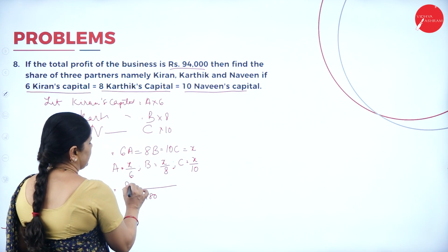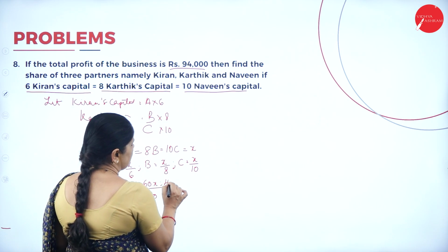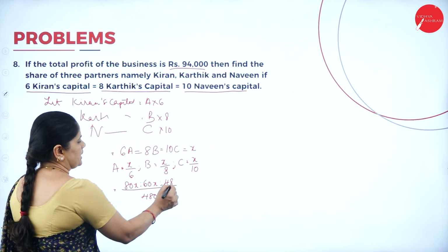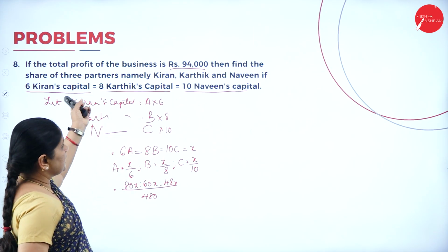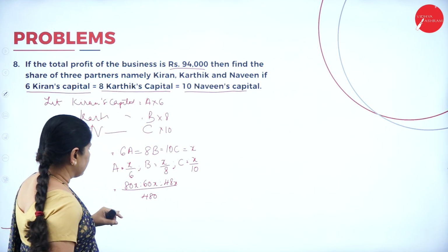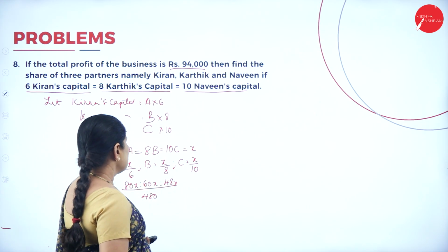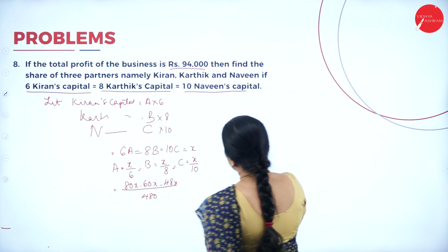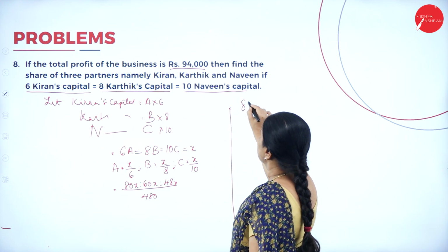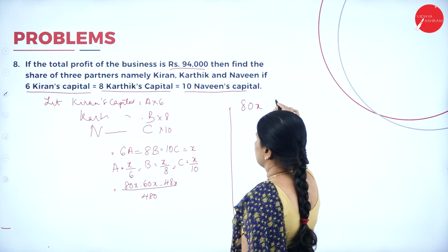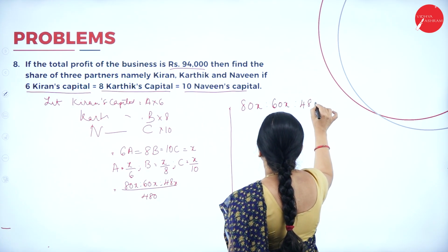Now, 80x is to 60x is to 48x. So, this is the ratio we are getting of Kiran, Karthik and Naveen. So this is the ratio: 80x is to 60x is to 48x.